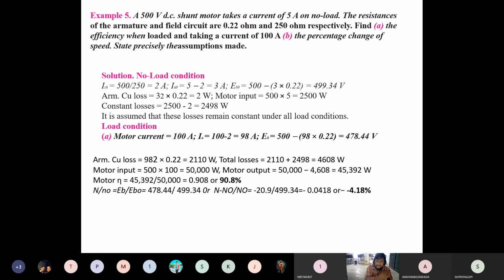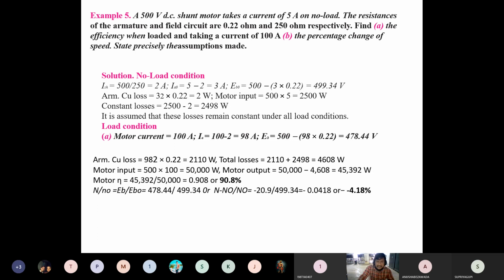Now these constant losses are assumed to be completely constant throughout the load variation. Whether it is off load, full load or 3/4 load, the constant losses are not changing, right? Now they are asking to find the efficiency in the loaded condition with a current of 100 amperes.